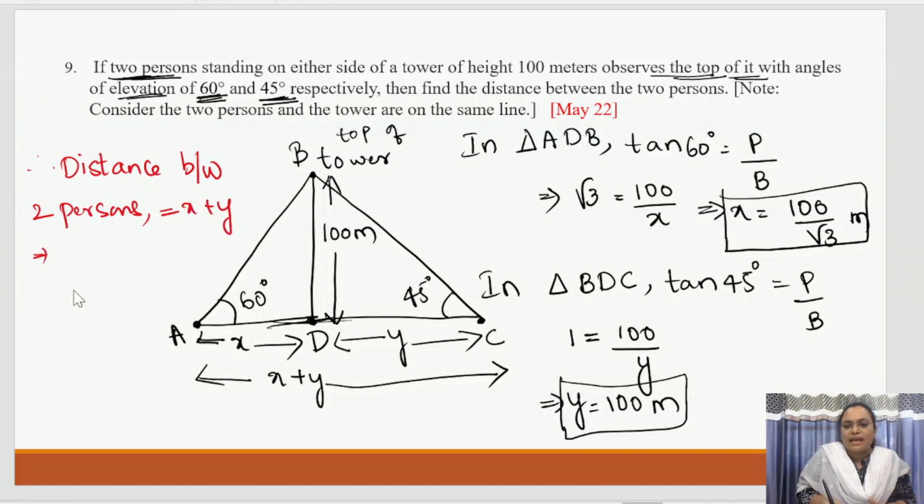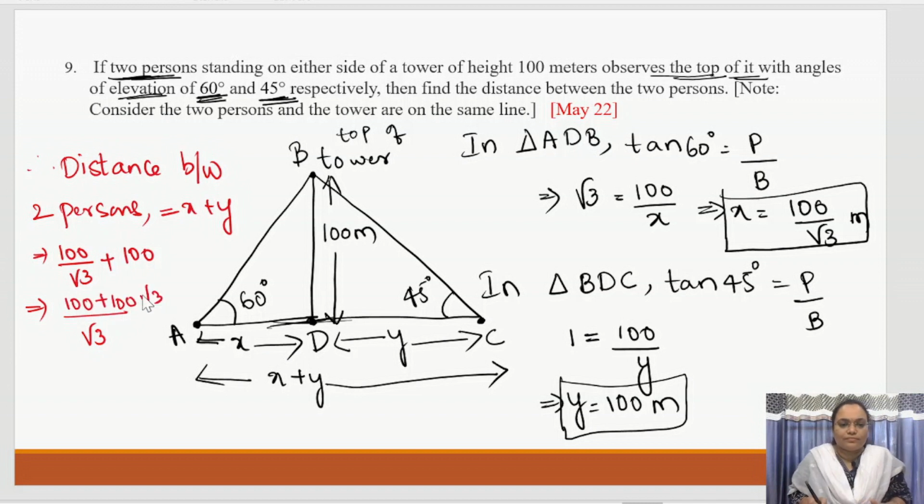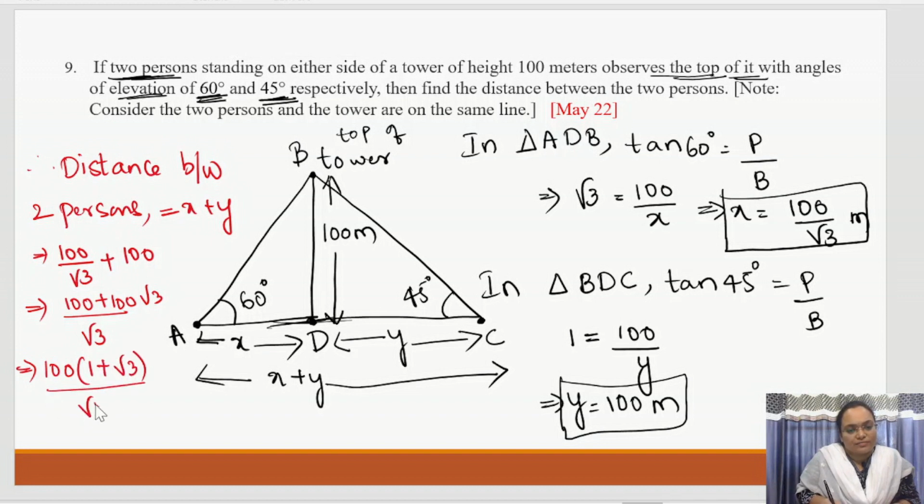What is x? x is nothing but 100 by root 3 plus y is 100. If you take the LCM, you will get root 3 in the denominator, 100 plus 100 root 3. If you take 100 common, 1 plus root 3 by root 3.